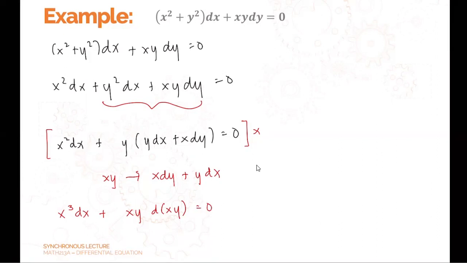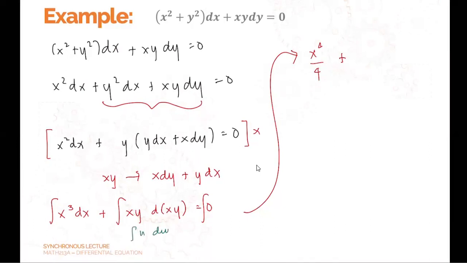Then now, we can perform integration, no? Okay? So, performing integration, we now have x to the fourth over 4 plus xy. So, ito, by u du. So, nasa form na siya ng u du. So, labas na lang natin siya.